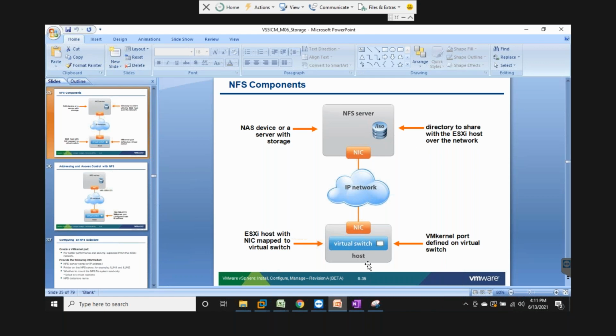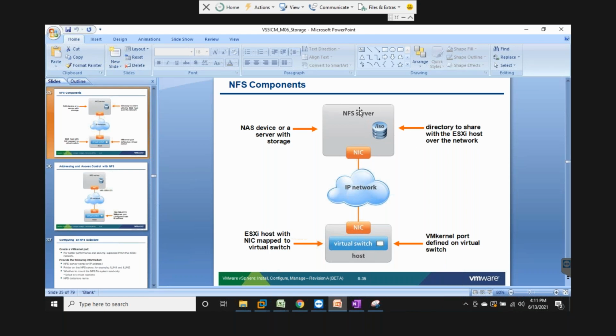You have the same host with a NIC card, network adapter. You have IP networking. Okay, ESXi host with a network adapter, which is added to the virtual switch.